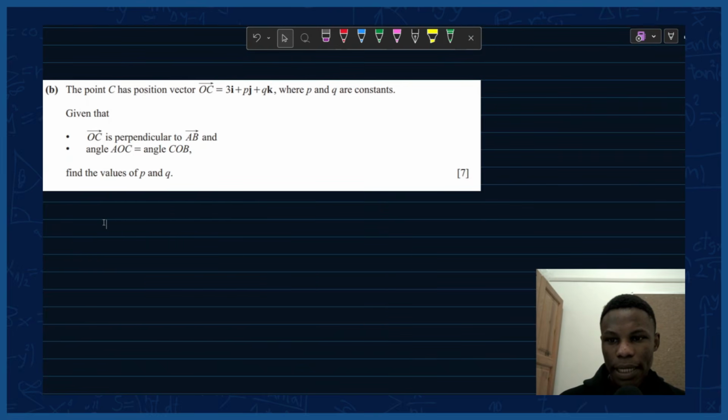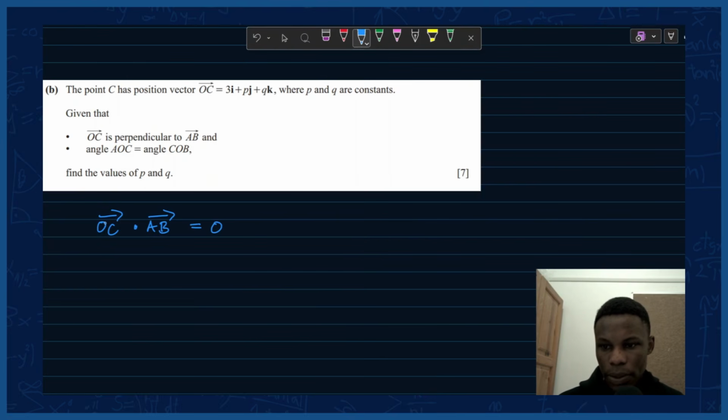Find the values of p and q. Okay. So we've been told that OC dot AB is equal to 0. So this means that OC, if we write it in column vector notation, is (3, p, q), dotted with AB. We haven't found AB, have we?